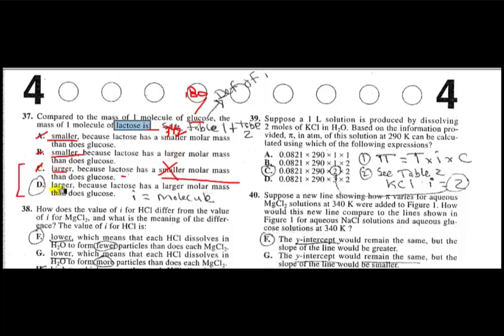C is out. D says lactose is larger because lactose has a larger molar mass than glucose. 342 versus 180. D. Not a bad idea to take the information and write it right next to what you're looking at. You might use this somewhere else in the passage. 37 is D.